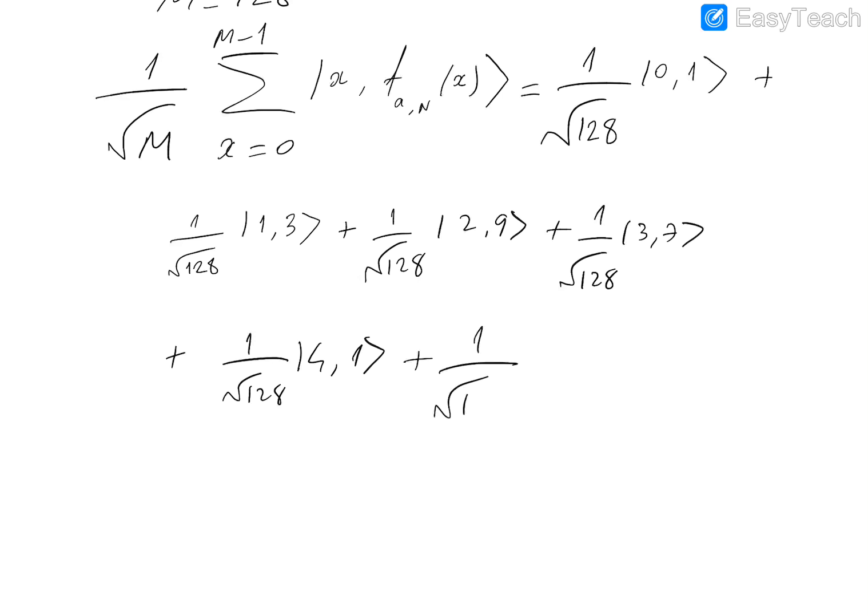We have 1 over square root 128, 5 and 3, right, up to 127 and 7. So this is an example of a periodic superposition state of length m with period 4.